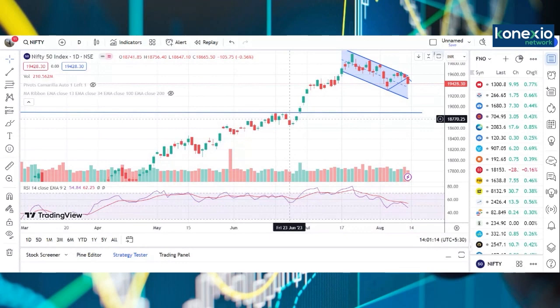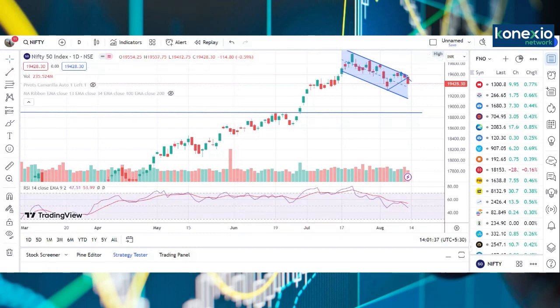Again, there is still a lack of strength in the market and a lack of follow-up buying, due to which the prices are not able to sustain at the higher levels. So as of now, the trend seems to be negative or slightly weak at these levels.